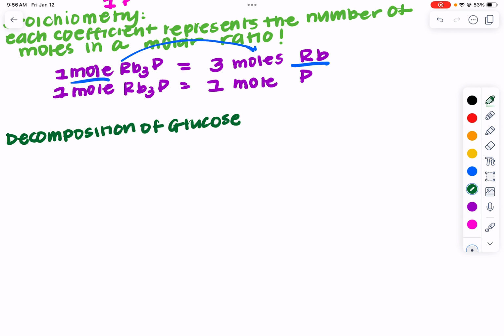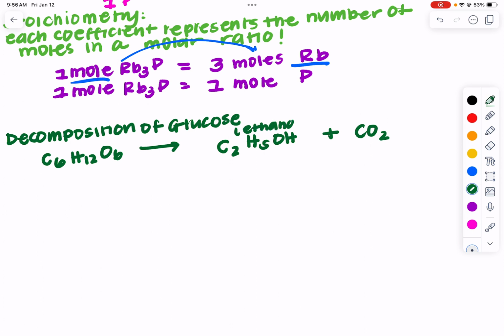And glucose is C6H12O6. And when that decomposes, you get C2H5OH plus carbon dioxide gas. C2H5OH is something called ethanol. It's a form of alcohol. CO2 is carbon dioxide.